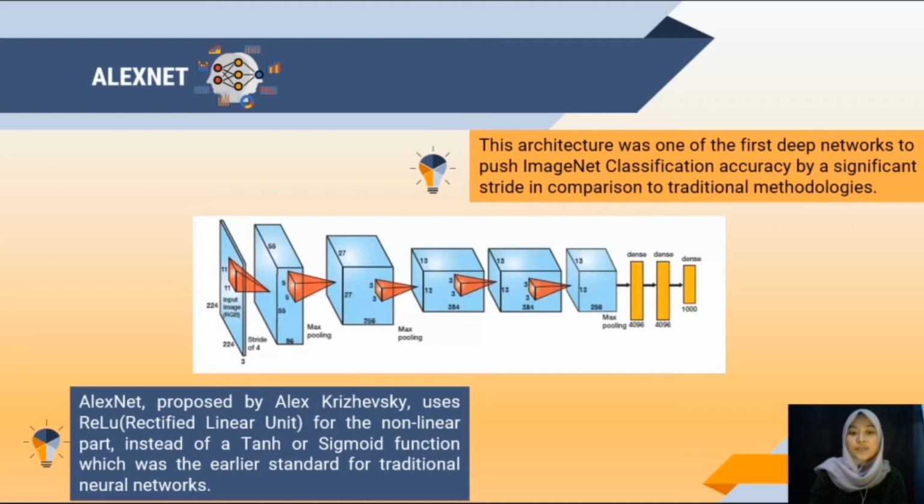AlexNet, proposed by Alex Krizhevsky, used ReLU or rectified linear unit for the non-linear part, instead of a tanh or sigmoid function, which was the earlier standard for traditional neural networks.